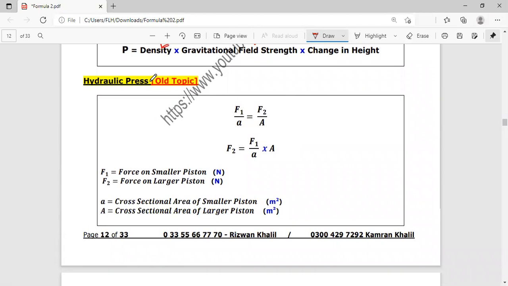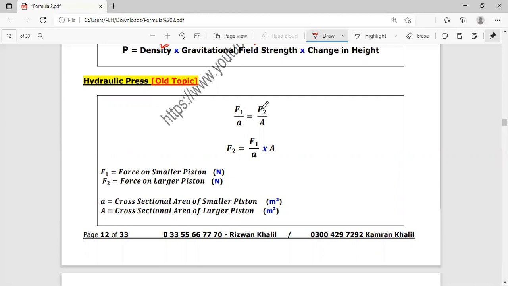Then this was the old topic for O-level physics as well as IGCSE physics, but it is not included in O-level physics, which is supposed to be appearing in 2023.